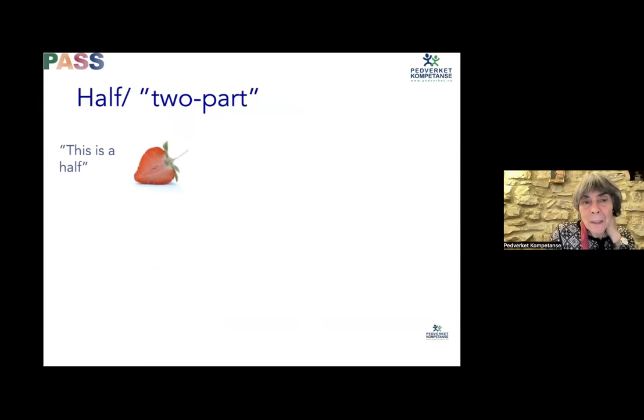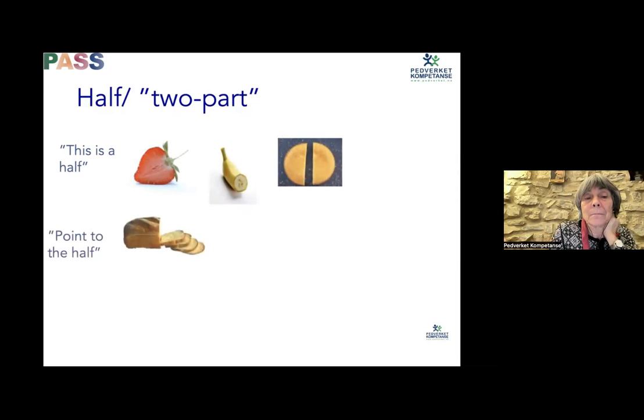So let's look at the halves or two parts. It's also possible to say that if that's easier for a child, because it is when we divide a whole in two equal parts. Point to the half of a bread.